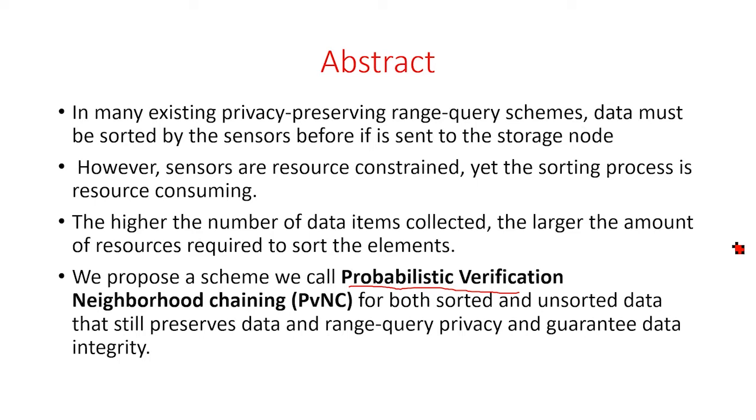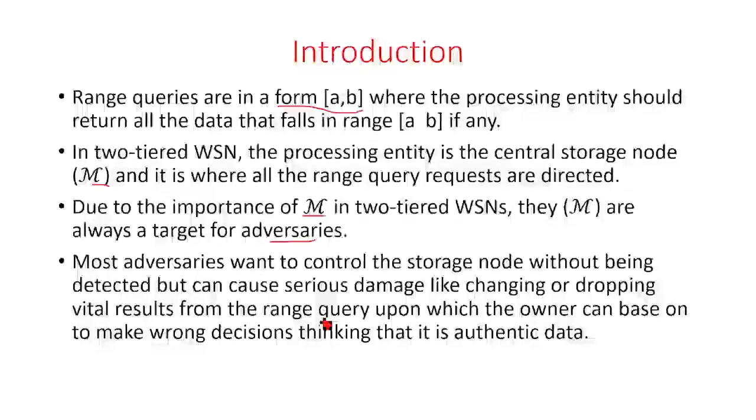If we can come up with a solution, it will save the sensors from having to sort the data first. So the solution we propose is the probabilistic verification neighborhood chaining model. The good thing about this is that it can work for both sorted and unsorted data.